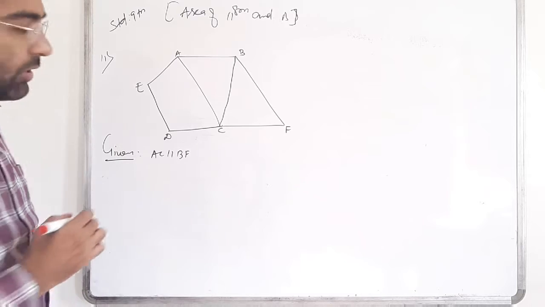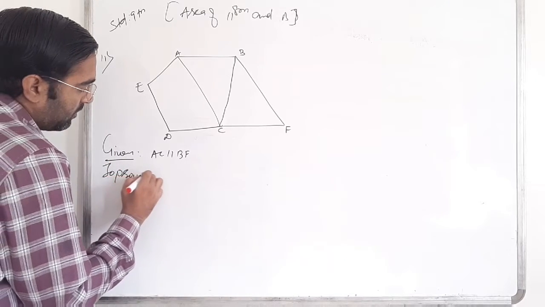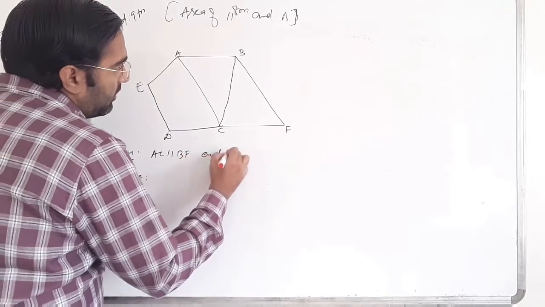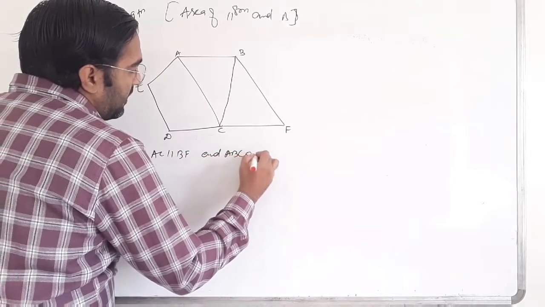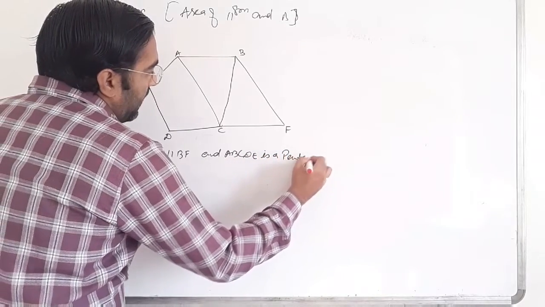Okay, so we have to show that, to prove, ABCDE is a pentagon.